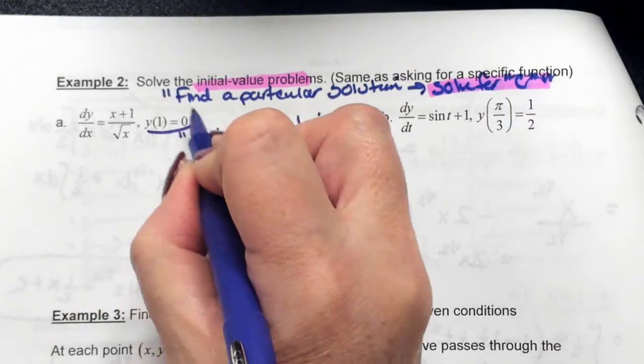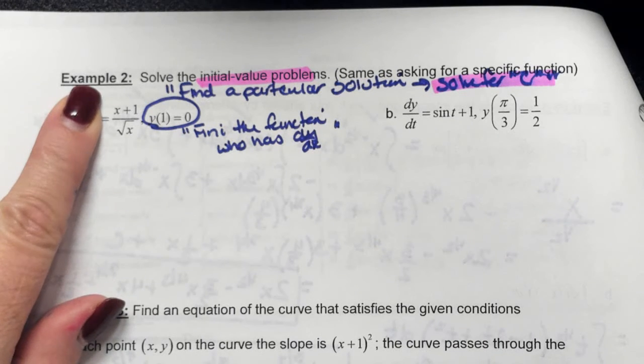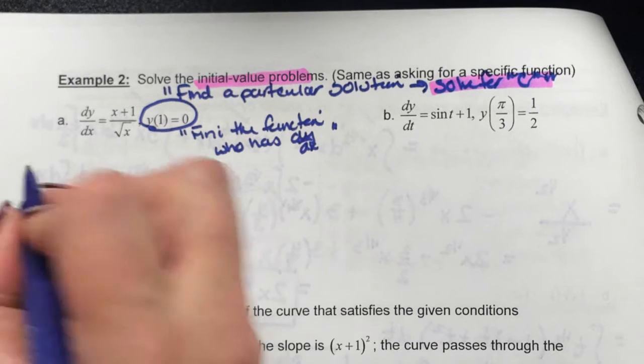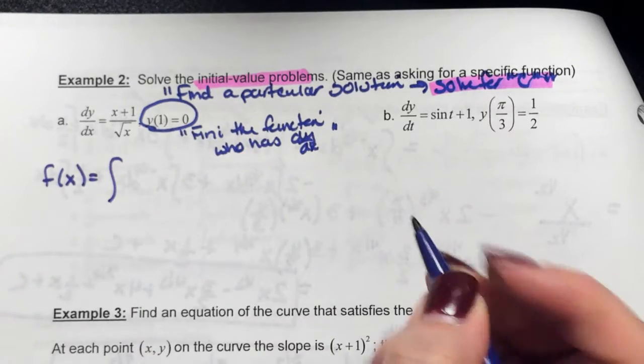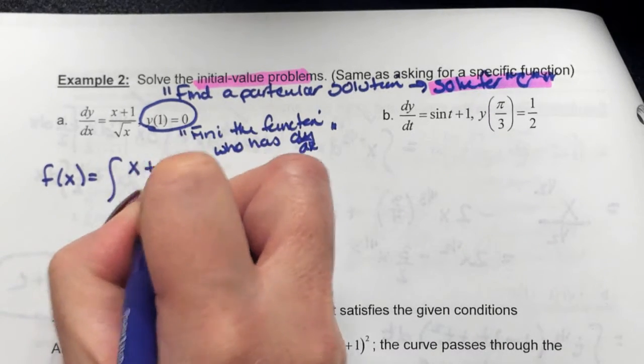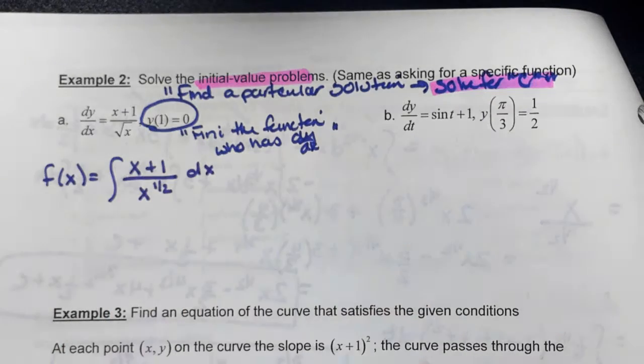And you want to ensure that it's going to pass through the point 1, 0. Well, in order to find your function when you're given the derivative, you're going to have to integrate. So f of x is going to be equal to the antiderivative of x plus 1 over x to the 1/2 dx.